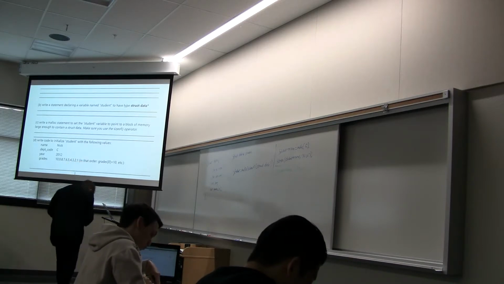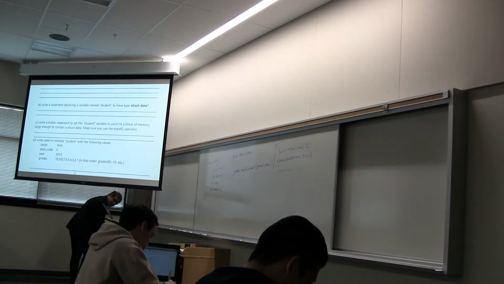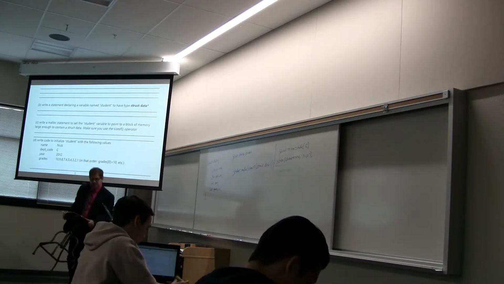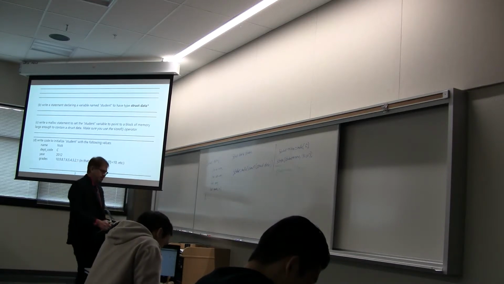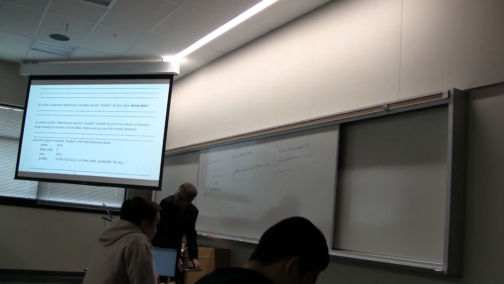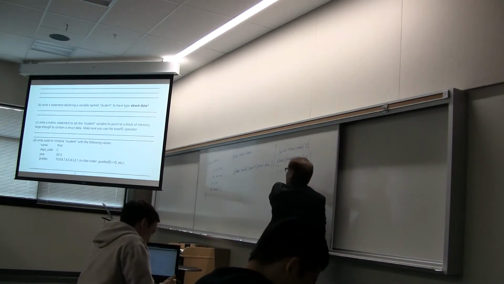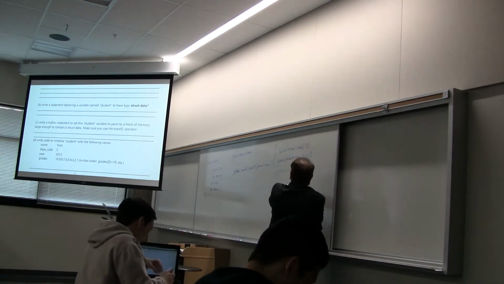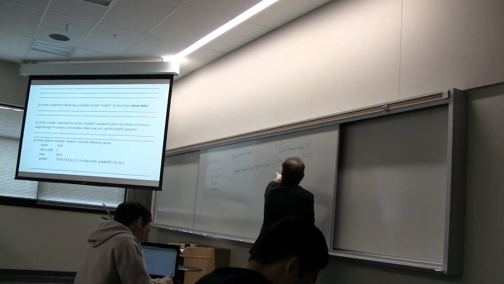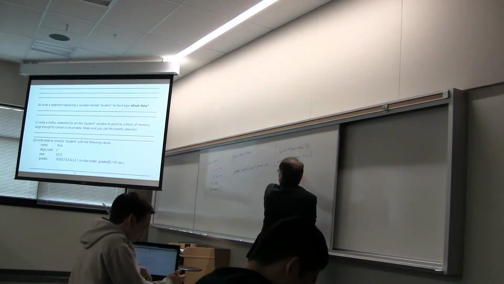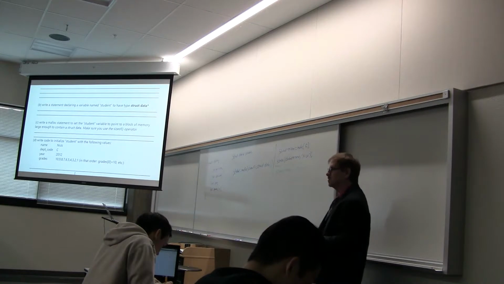That will set things up so that if you look at student arrow name, you see the string Nick. But it's doing something different. It's telling the compiler to create a string in memory that looks like this, and it's saying set this to have the address where that string has been stored.